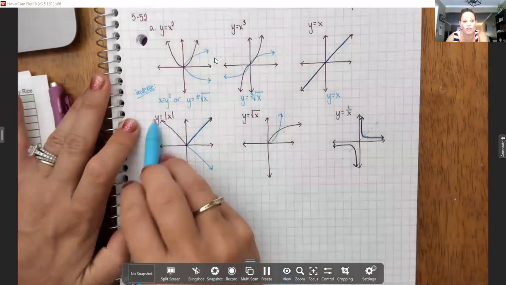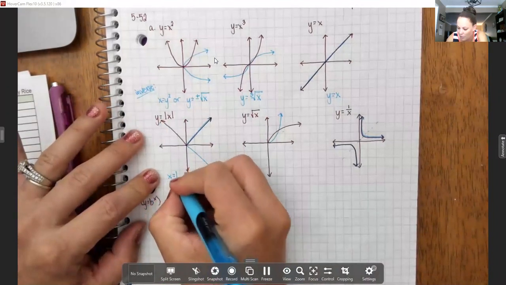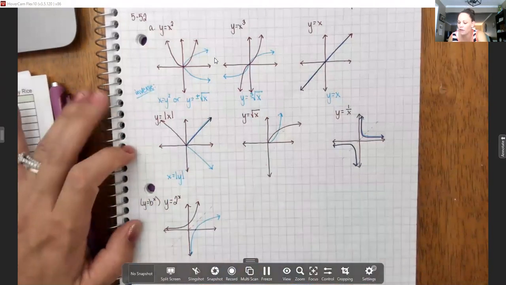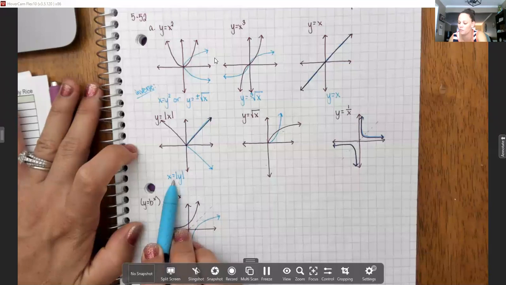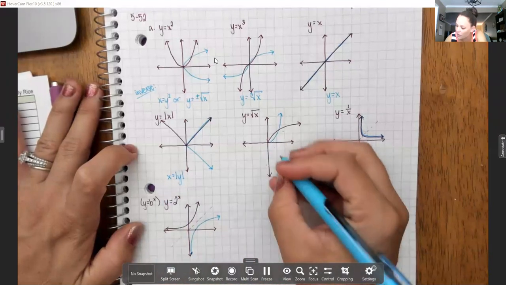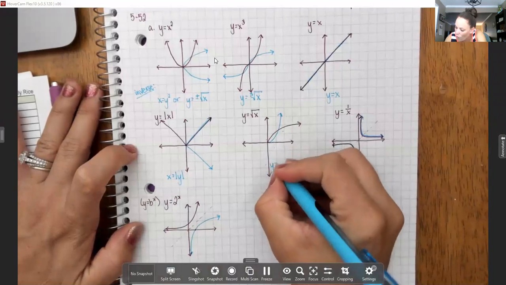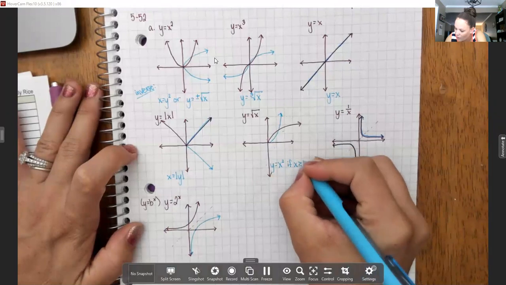Remember, to find a function and its inverse, we can just switch x and y. So this is x equals the absolute value of y. Also not a function. Here, our inverse is half of a parabola, so y equals x squared if x is greater than or equal to 0.